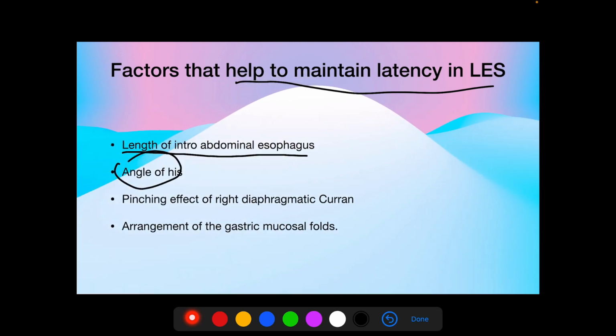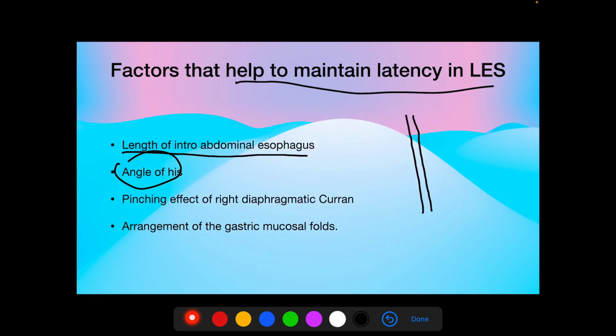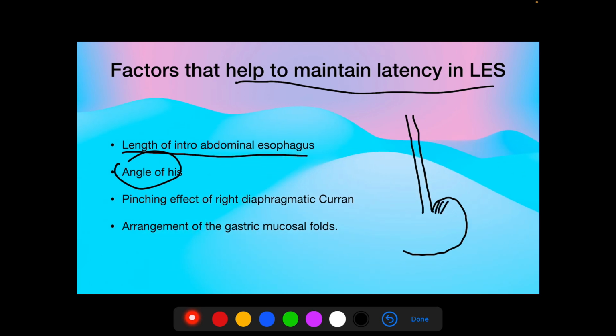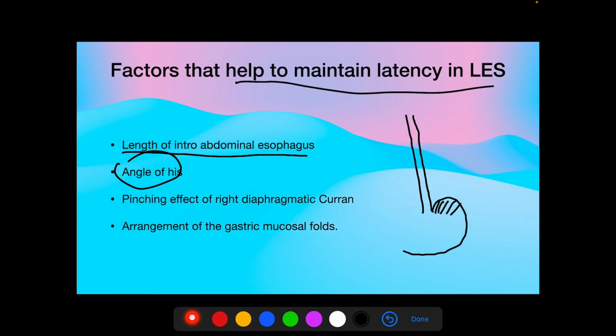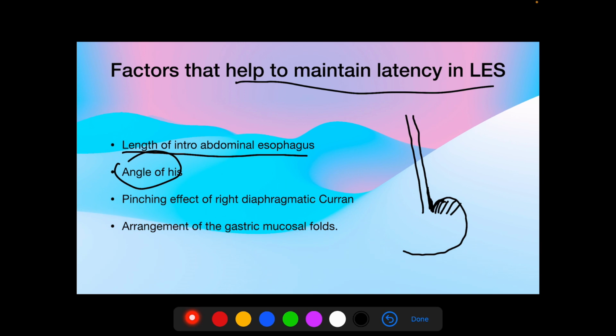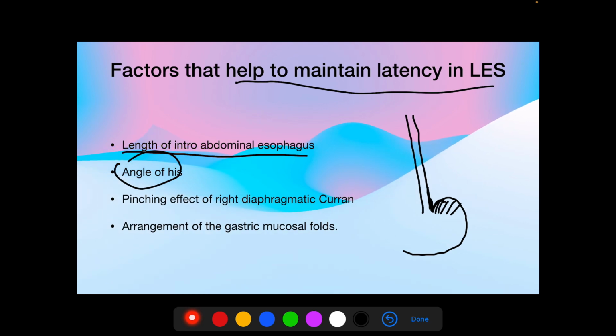The factors that help to maintain competency of the LES are the length of the intra-abdominal esophagus and the angle of His. Now, what is the angle of His? This is the esophagus and this is the stomach, and this is the fundus part of the stomach. The angle created by the esophagus and the fundus is called the angle of His, which maintains competency of the lower esophageal sphincter.